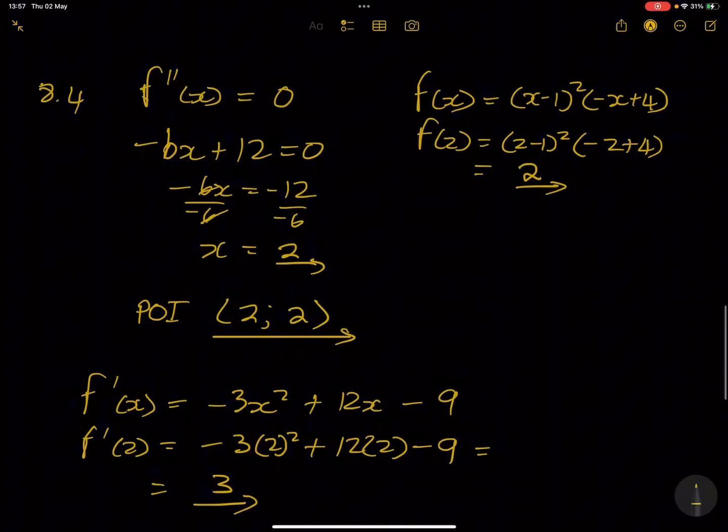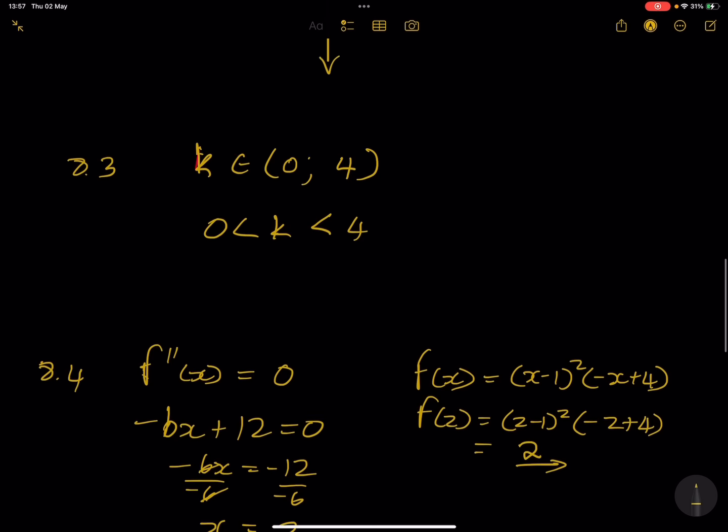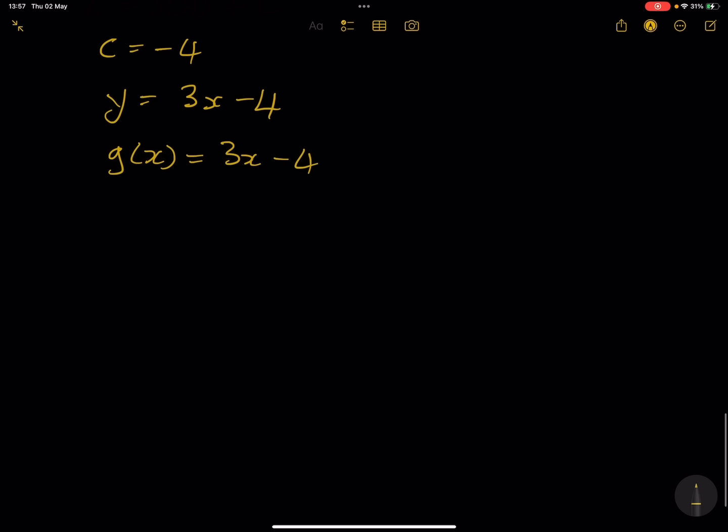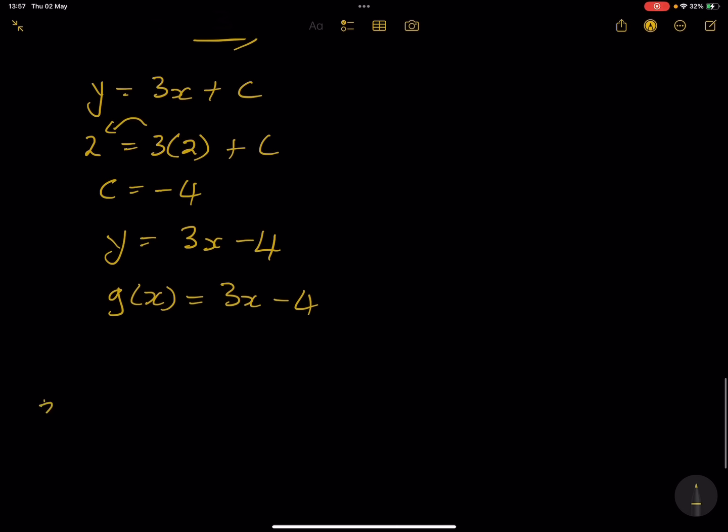Right, now for the last question. They say calculate the value of theta, the acute angle formed by g and the x-axis in the first quadrant. All right, that's quite simple. So this is our last question, that's 8.5.